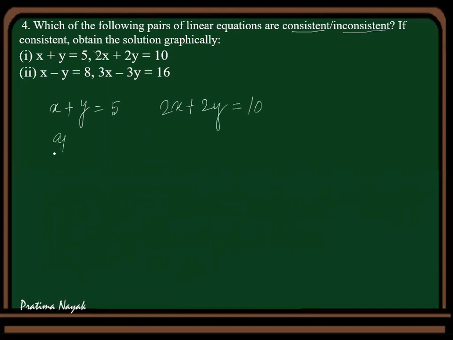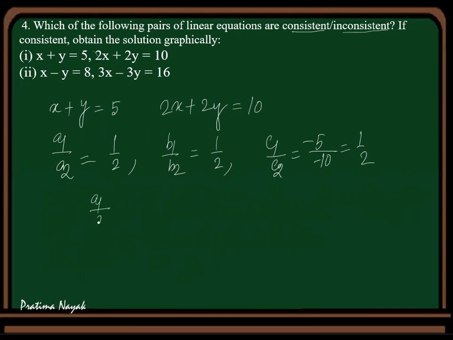So a1 by a2 is equal to 1 by 2, b1 by b2 is again 1 by 2, c1 by c2 is equal to minus 5 by minus 10, so 1 by 2. All are equal to each other. So what is our conclusion? It is consistent.